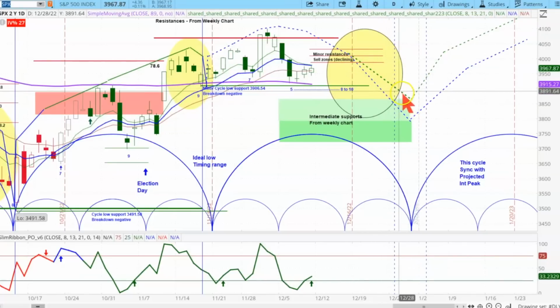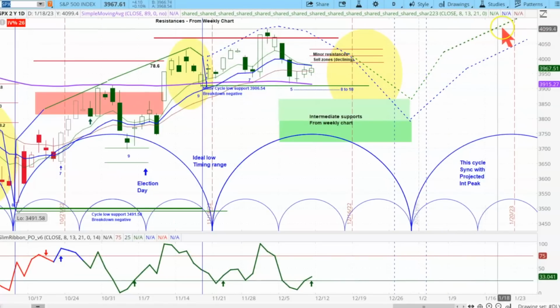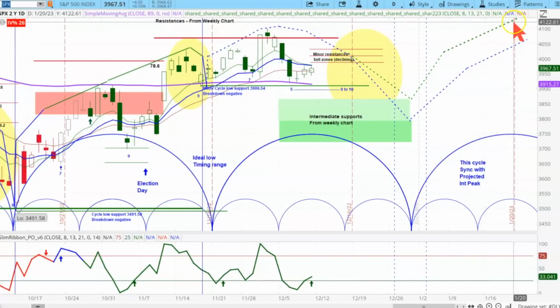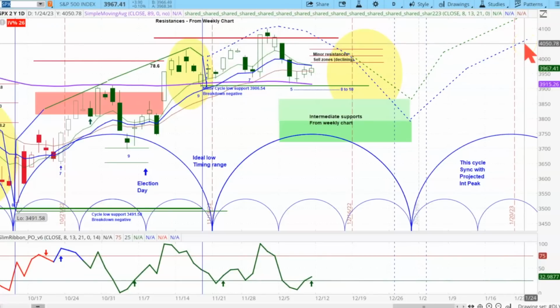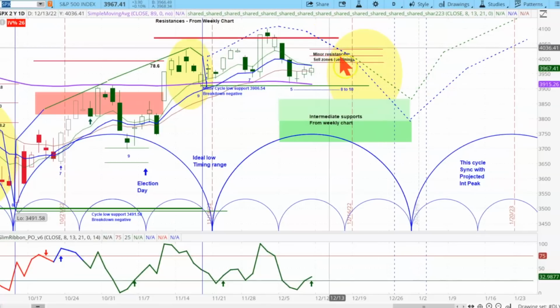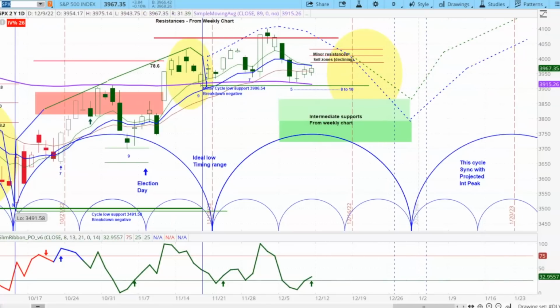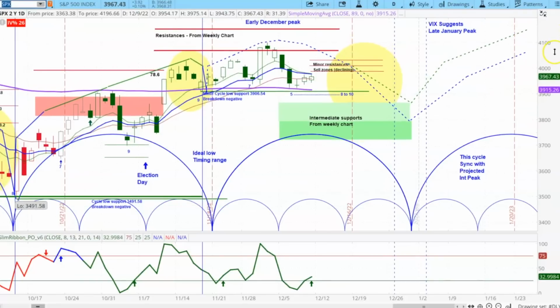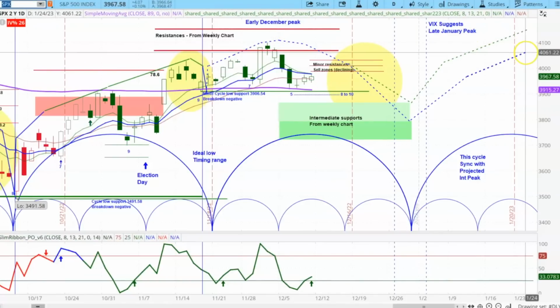Now, you'll note we have a higher track over here. And based on what I showed you in the VIX, this next advance is likely to come out towards around the 3rd to 4th week of January. So that means that the next advance will either get up to where we believe that 4150 area of resistance would be right up over here that we talked about, or stalling somewhere around these last highs over here at maybe 4060, 4070.